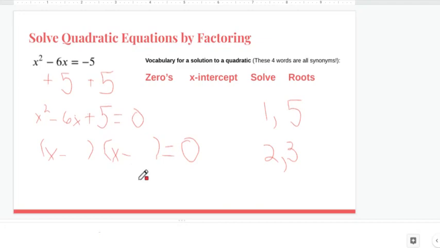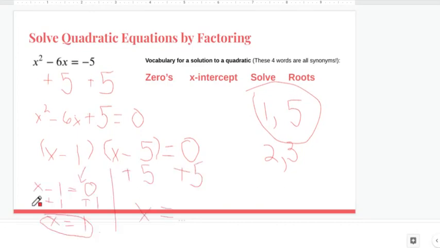So my list of factors are 1 times 5, 2 times 3, 4 does not go in evenly, and we're back at 5. So I can see that the sum would be negative 1 and negative 5. So now I have my factors. The next thing I'm going to do is set each factor equal to 0 using zero product property and solve.